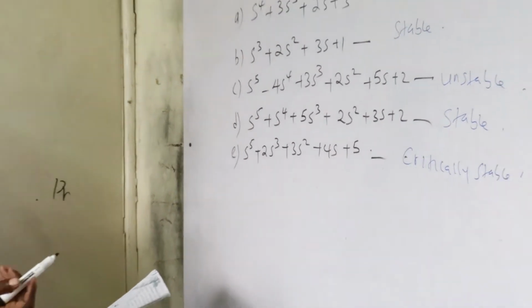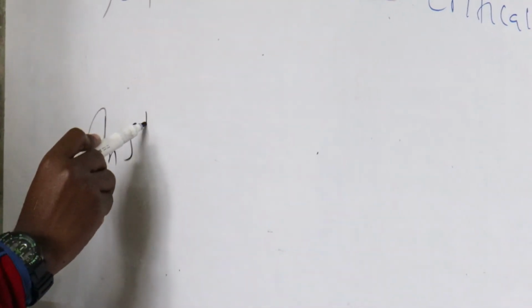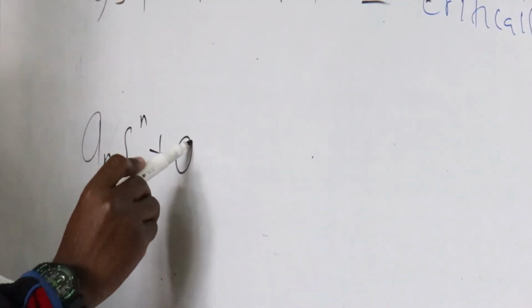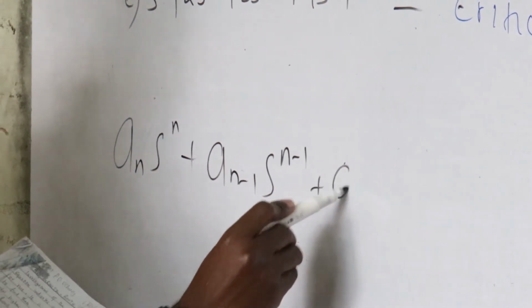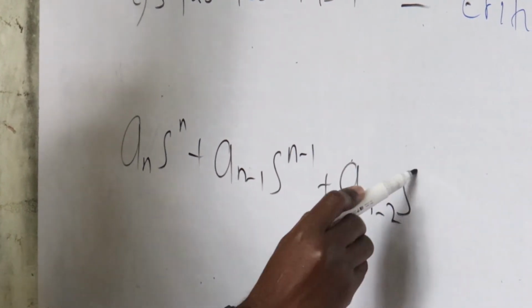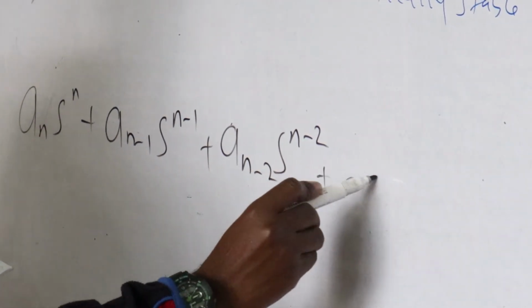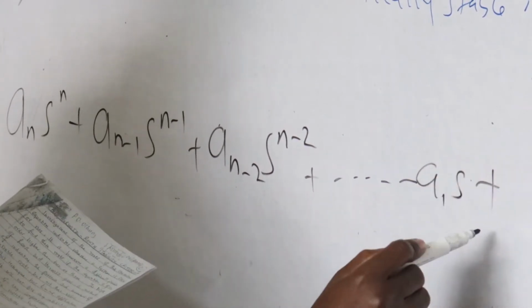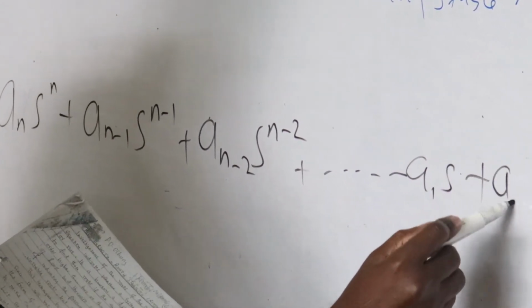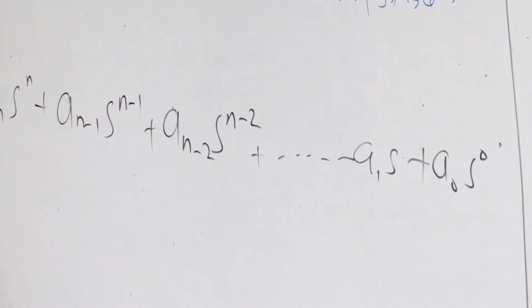Let the characteristic equation be a_n s^n plus a_(n-1) s^(n-1) plus a_(n-2) s^(n-2), and this should continue until you get to a_1 s plus a_0 s^0. So consider that one as the characteristic equation.